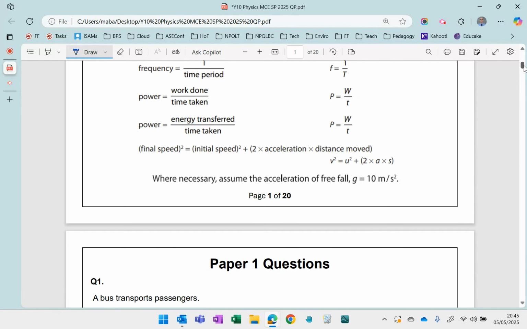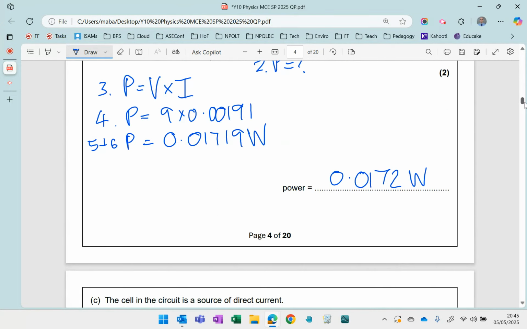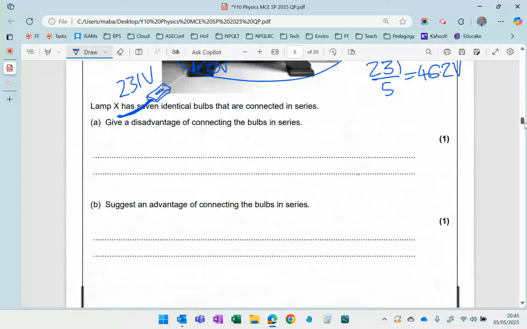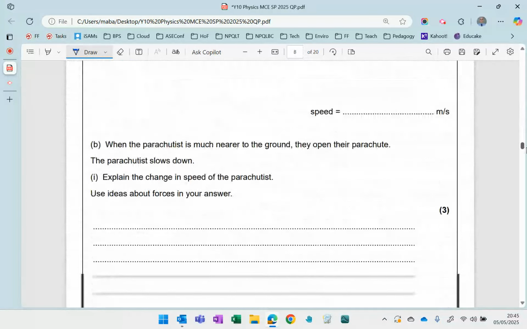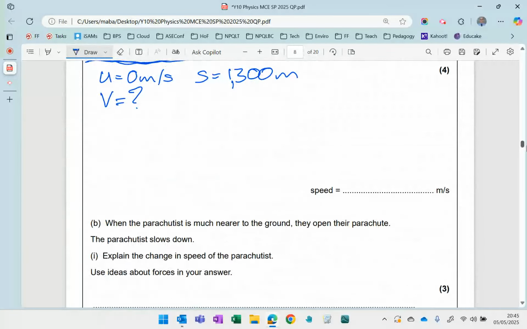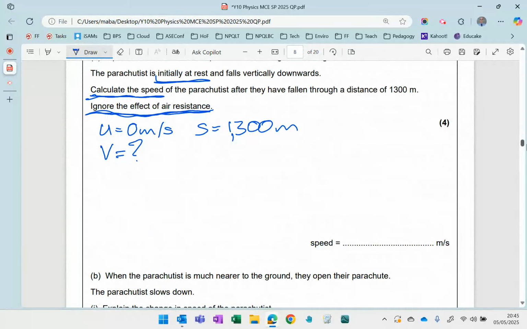Look, where necessary, assume that the acceleration of free fall is g, which is 10 meters per second squared. So back down here, that tells us the rate of acceleration when they jump out of the helicopter. So a is 10 meters per second squared.